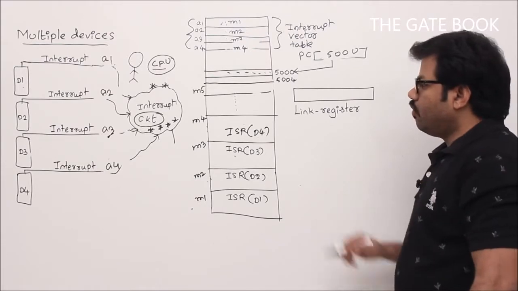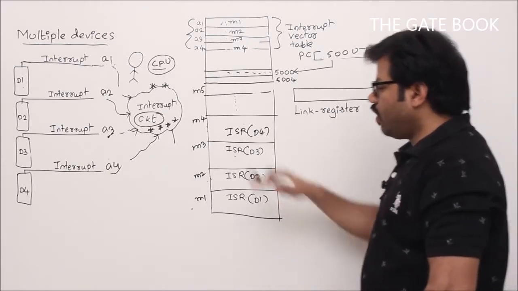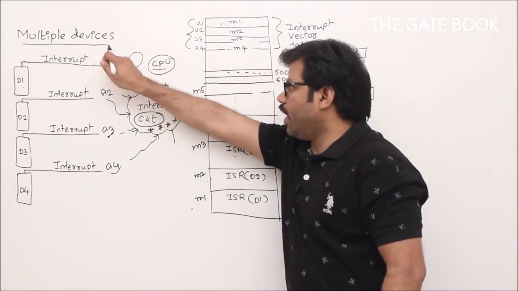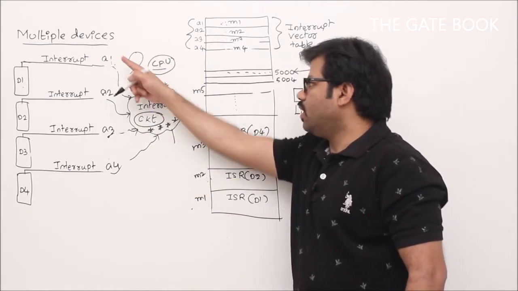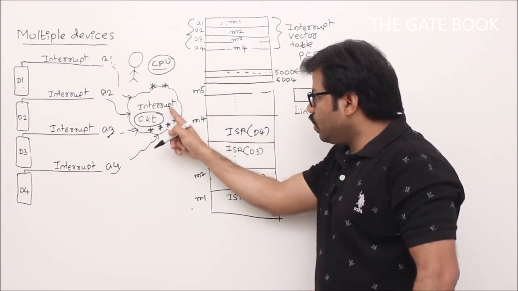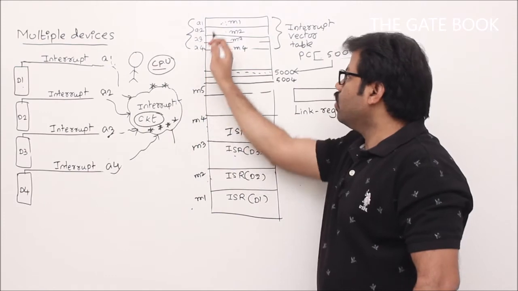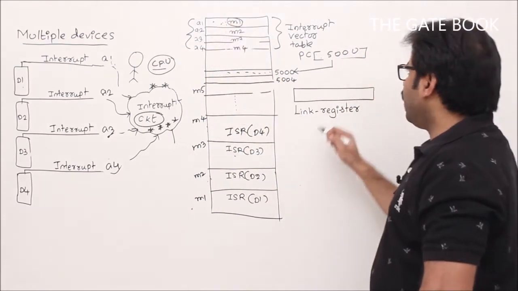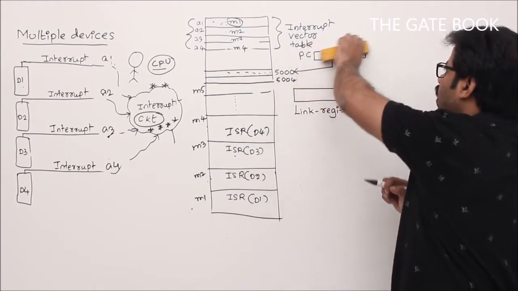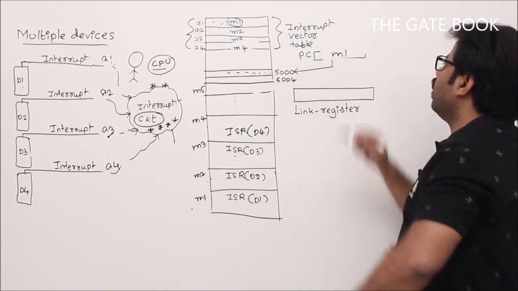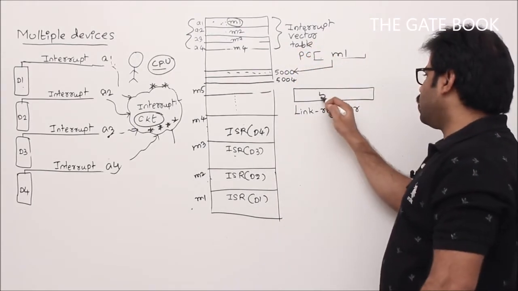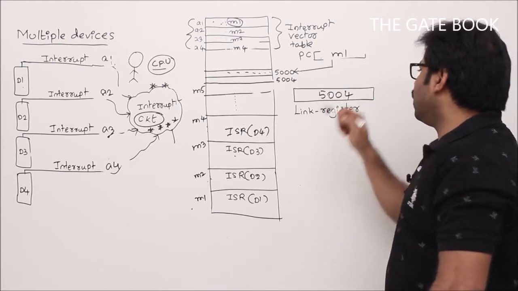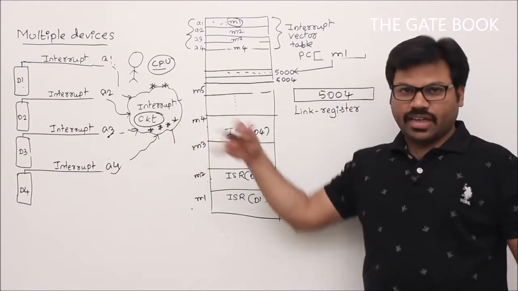Then we will have a link register. Whenever an interrupt comes through A1, that means device 1, this circuit will directly index into this table, and the memory address M1 will be fetched, then blindly M1 will be written into the program counter. Now 5004 will be stored in the link register, right? That's it. This is the hardware part, I can say.